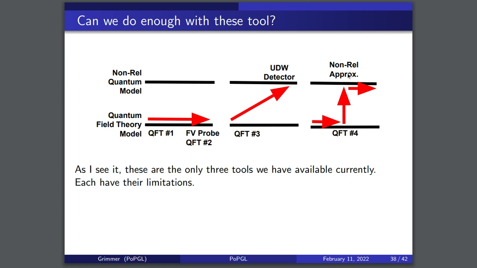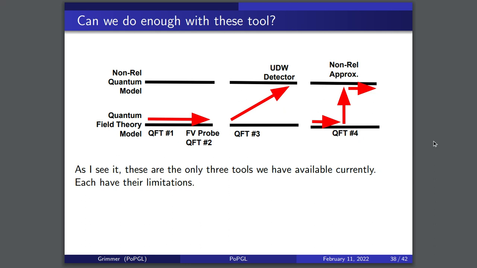We have the Fuster-Verch framework, which can keep us down here on the bottom rung. We can sometimes make these diagonal jumps with Unruh-DeWitt detectors whenever that's appropriate, and we can make these non-relativistic approximations sometimes, although these are not as well understood as they should be.